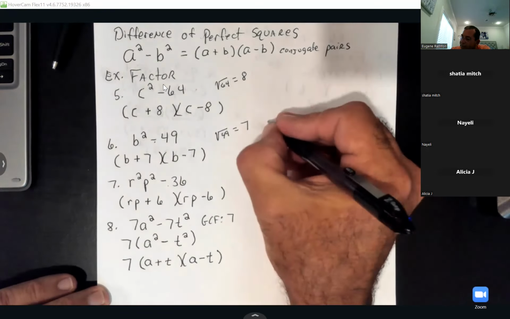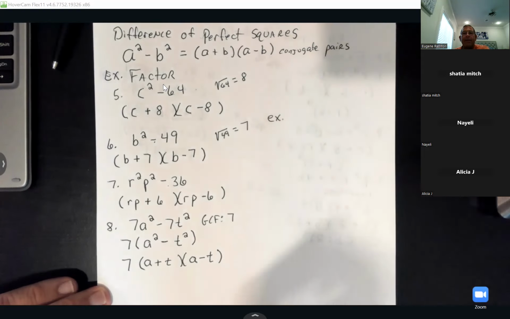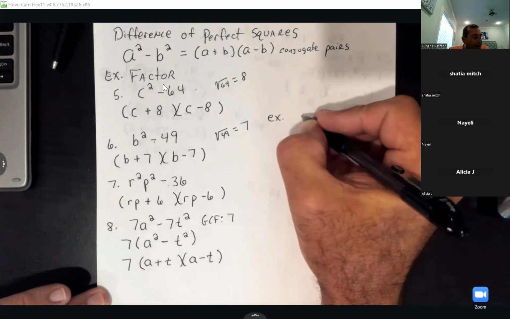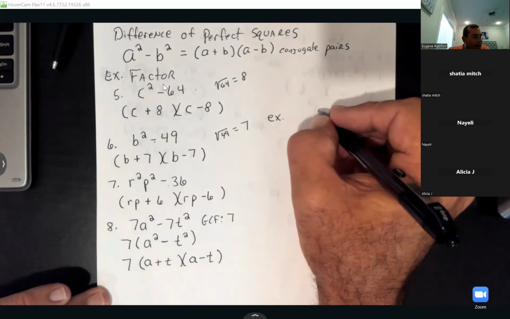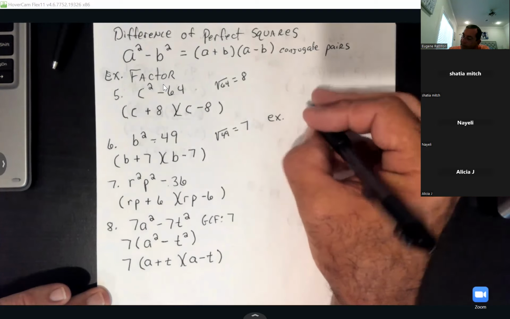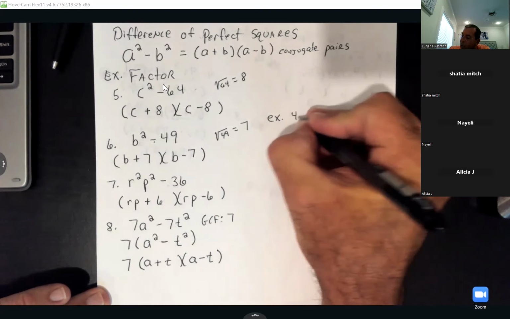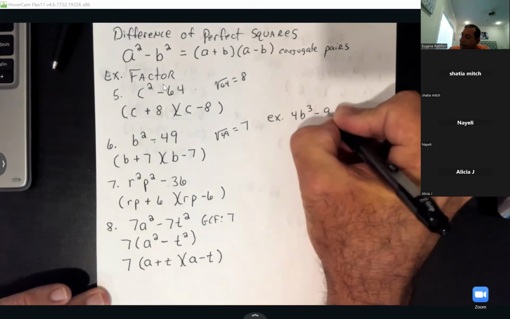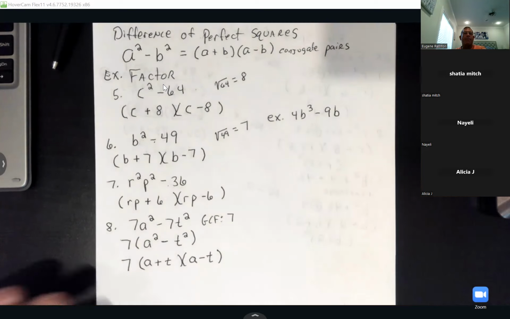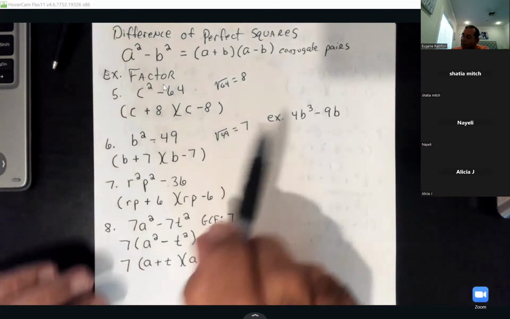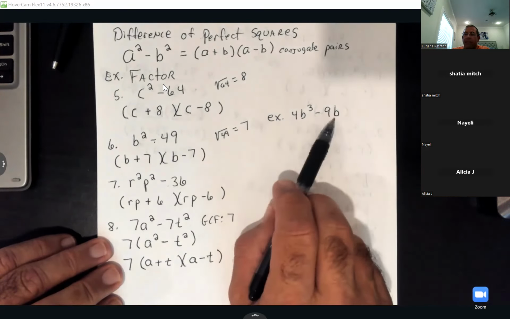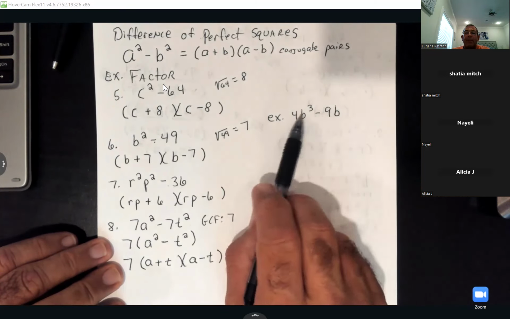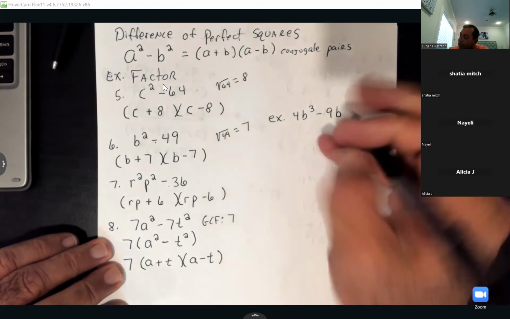So I'm just going to see what y'all would do with something like this. 4b cubed minus 9b. So notice this one has a GCF of a b because both these have at least one b in them.